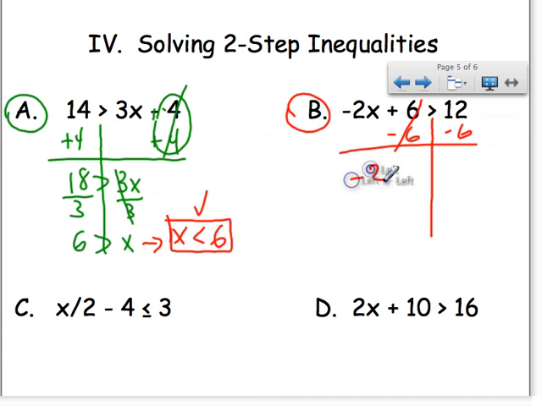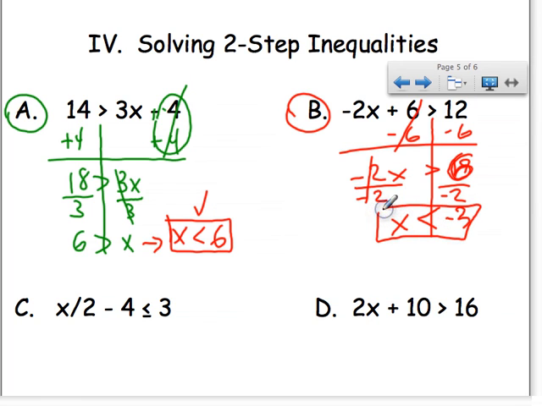Constants cancel, so it's negative 2x is greater than 6. Then cancel your coefficient, which is divided by negative 2, divided by negative 2. Coefficients cancel, but since you divided by a negative number, the inequality sign should have flipped, and it should have been x is less than negative 3.